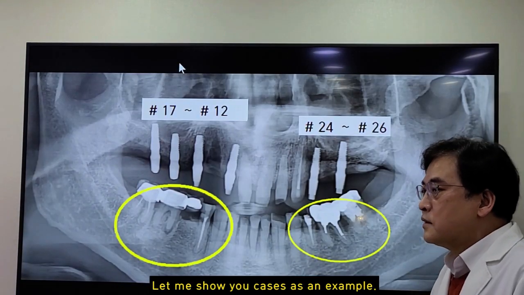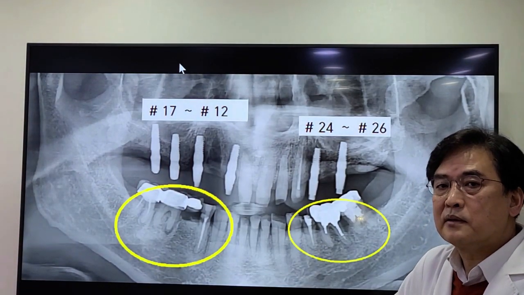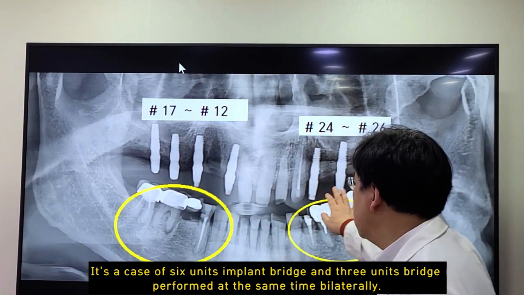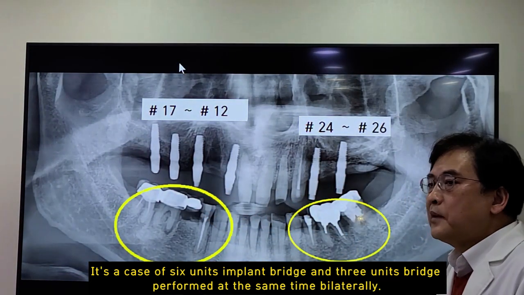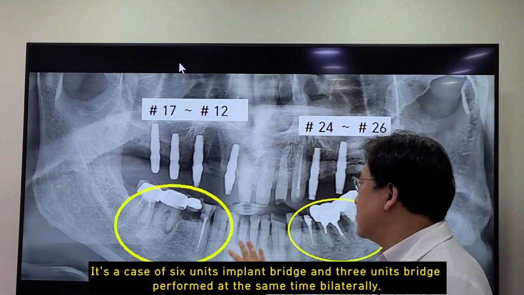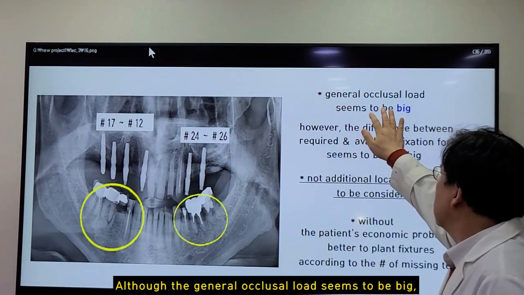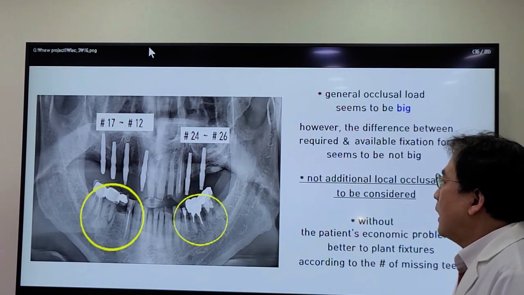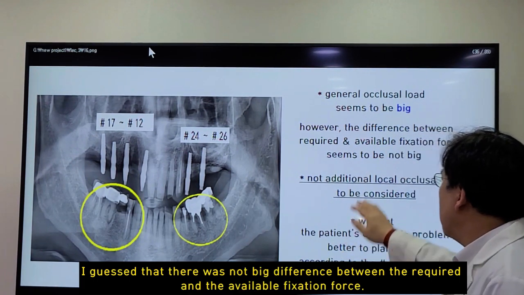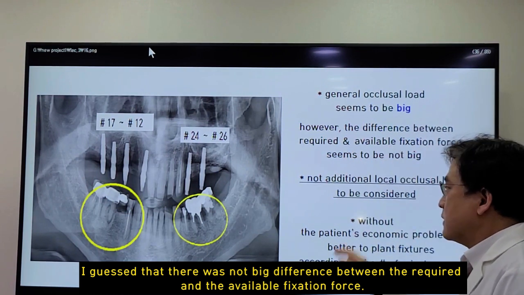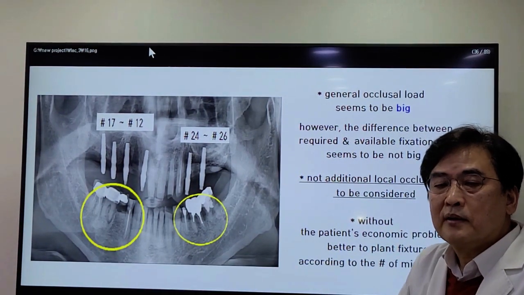Let me show you cases as an example. It's a case of a 6-unit implant bridge and a 3-unit bridge performed at the same time bilaterally. Although the general occlusal load seems to be big, I guessed there was not a big difference between the required and available fixation force.